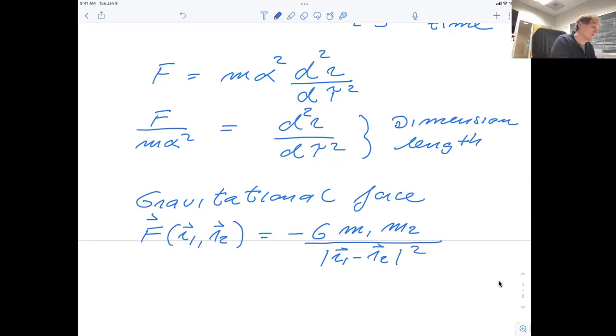So let's take away the vector sign here and just think of this in terms of the absolute value, the magnitude of the force.